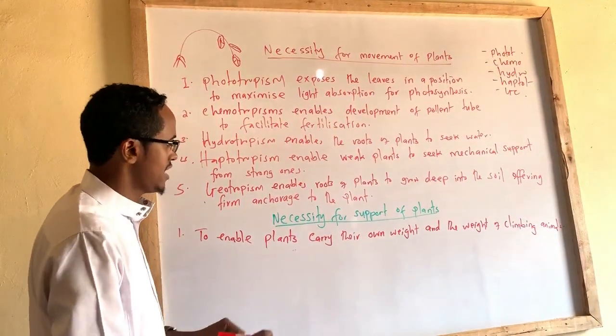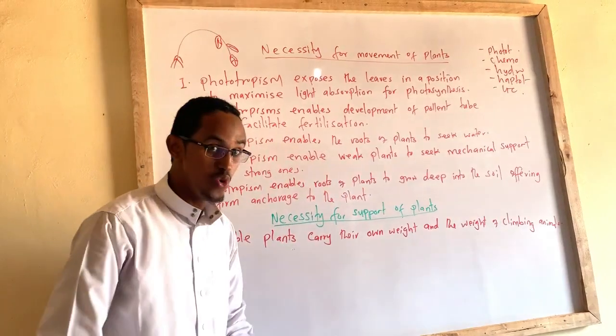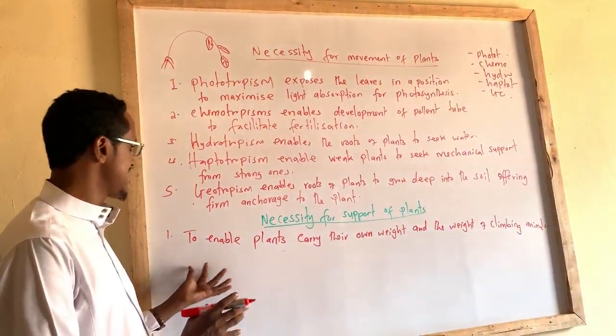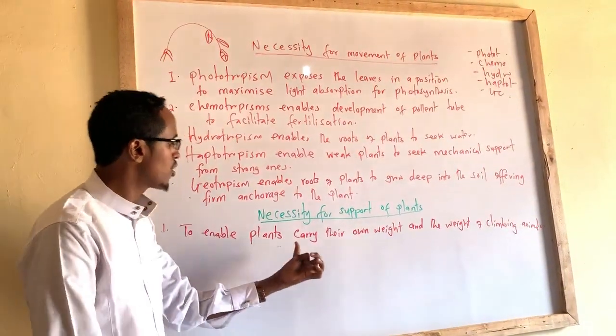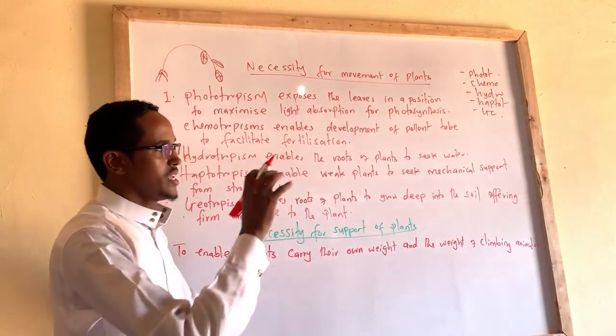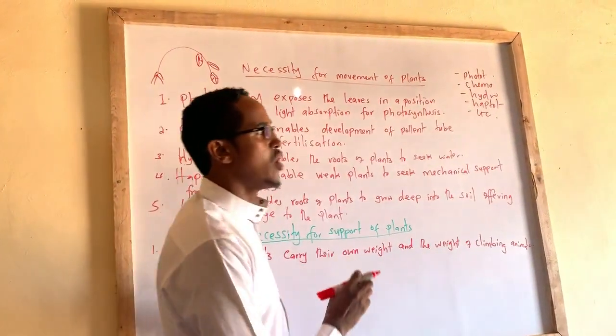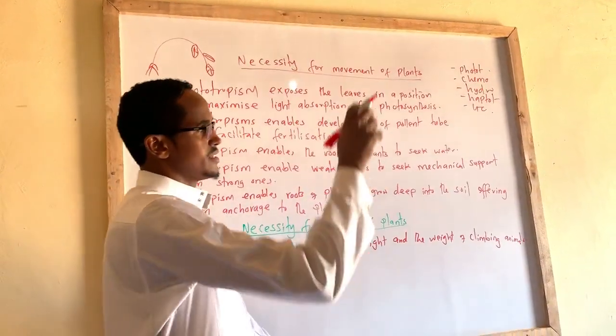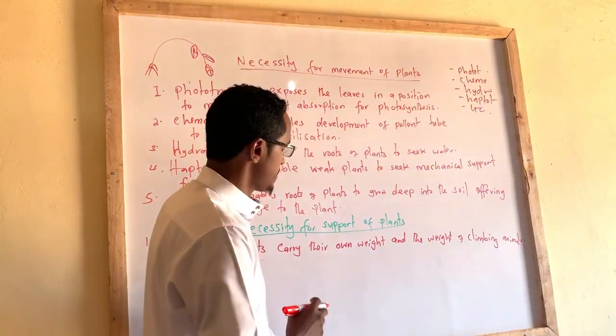For the woody plants that enjoy some kind of support, the importance of support is to enable plants to carry their own weight and the weight of climbing animals. We all know that some plants are homes for many animals like birds, baboons, and monkeys. They stay on trees.